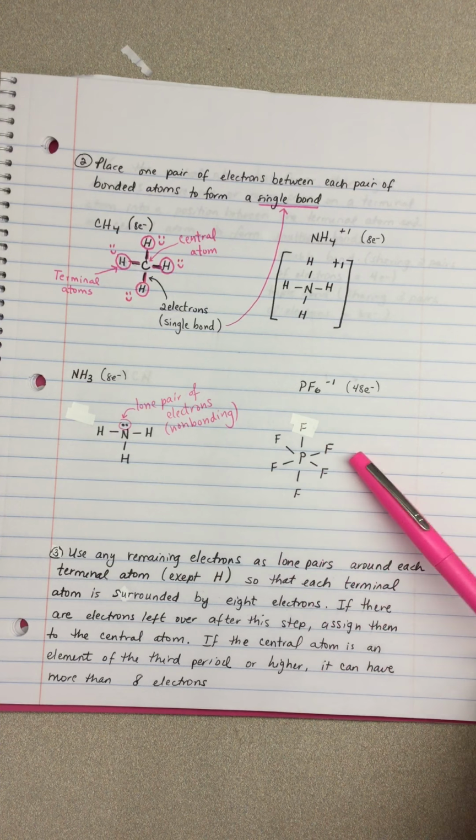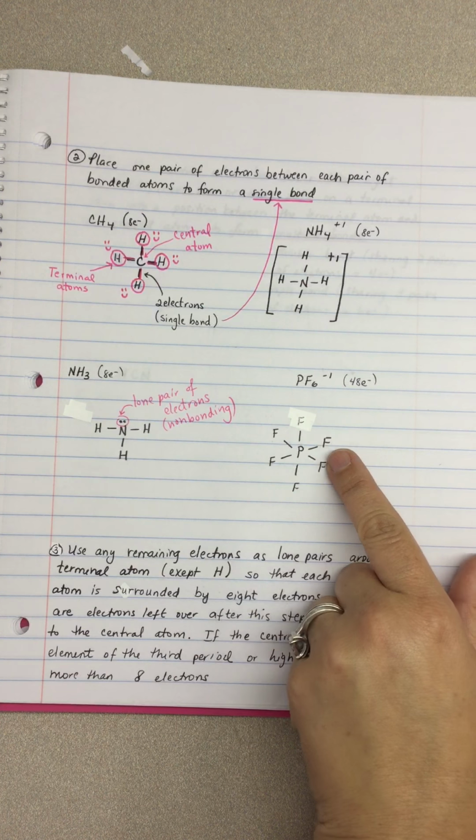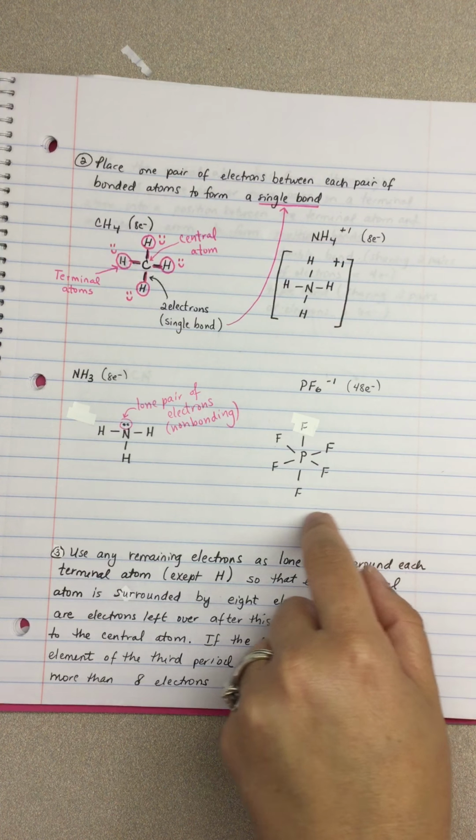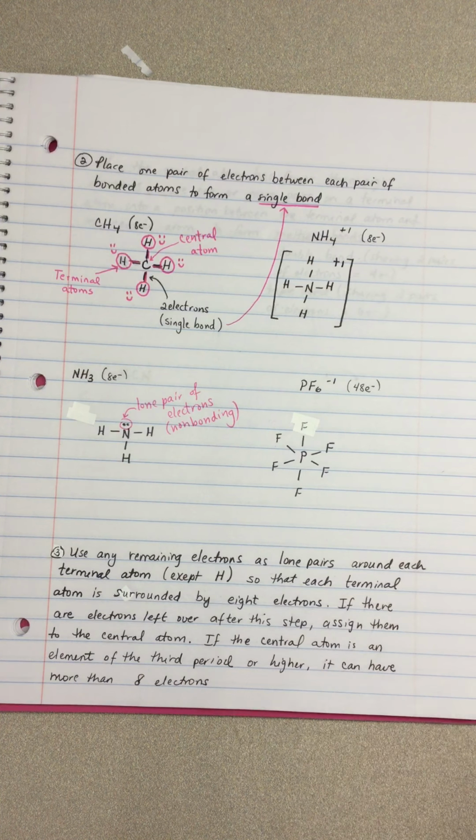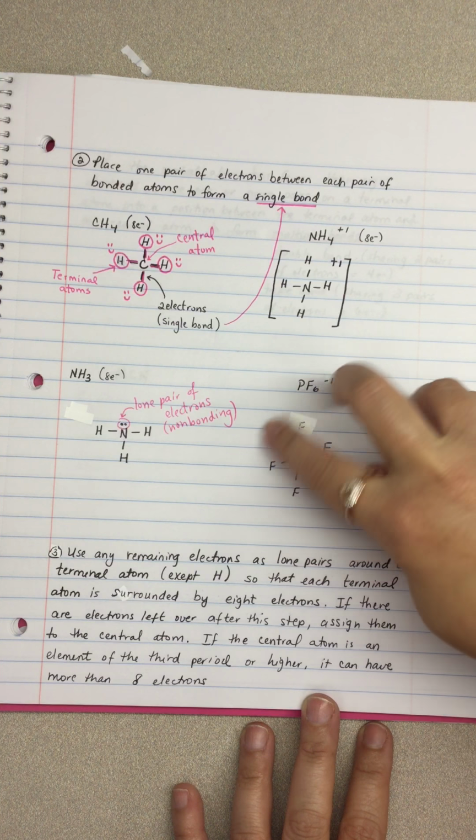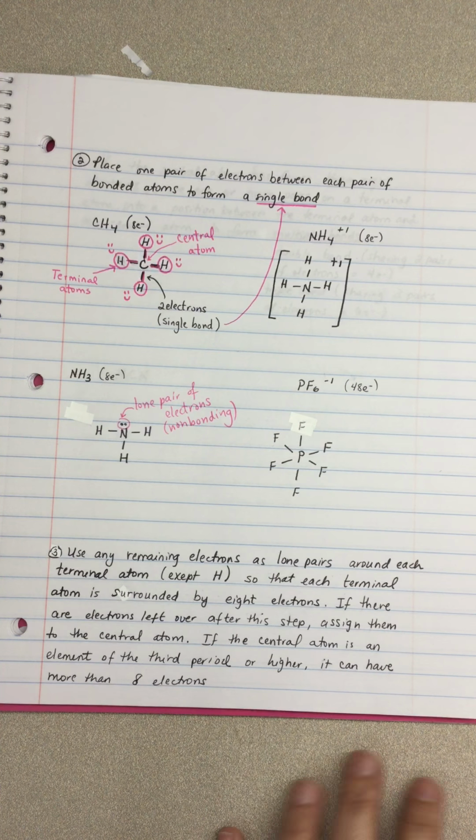Now, for PF6, you have P as the central atom, and you draw 6 lines around because you have 6 Fs. So far, that's what you know. And now we need to complete the octet in your terminal atoms here, because for the first time out of my 4 examples, this is the first one where the terminal atom is different from hydrogen.